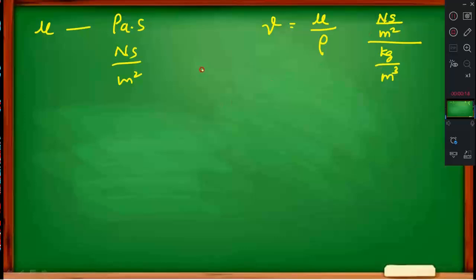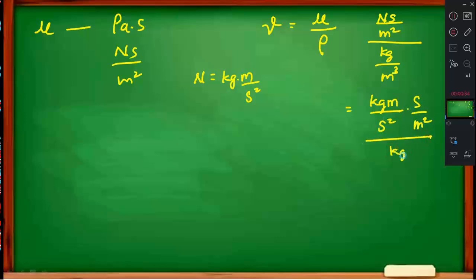Then what is this Newton? 1 Newton is mass into acceleration, no? Acceleration is meter per second square. Means in place of Newton I can write this. Therefore it is kg meter per second square into second by meter square divided by kg per meter cube.